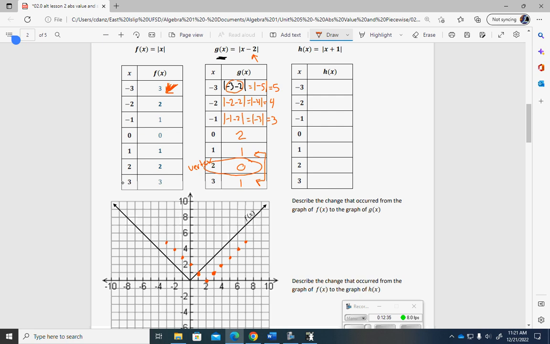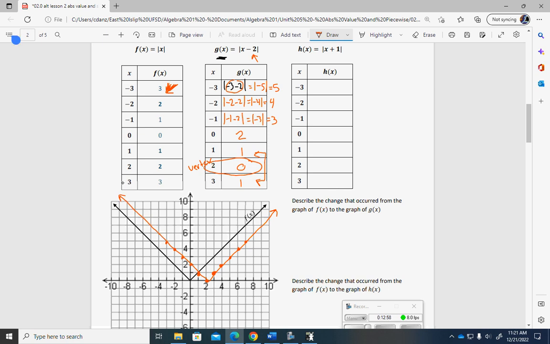It continues symmetrically. So make sure you do continue the points, continue the line and put arrows. And we can see that this graph that I just did in orange actually didn't shift up or down now. It shifted to the right.